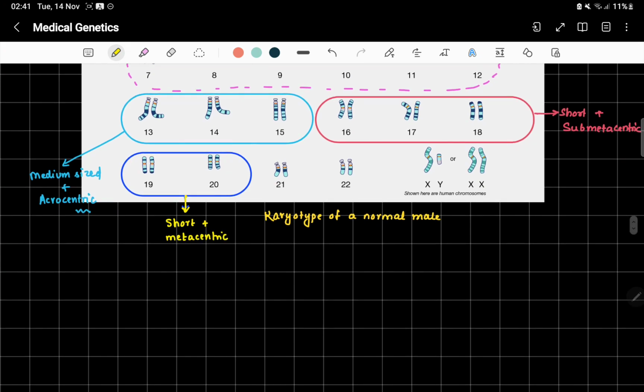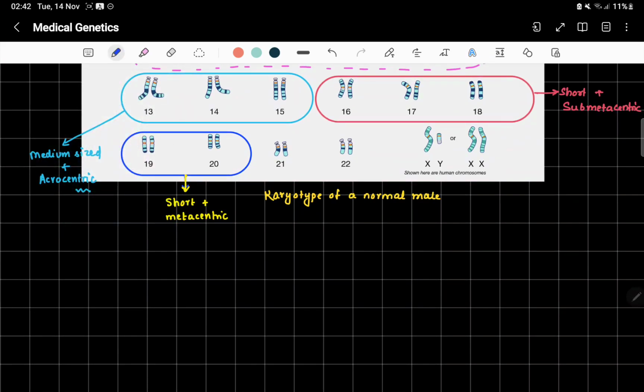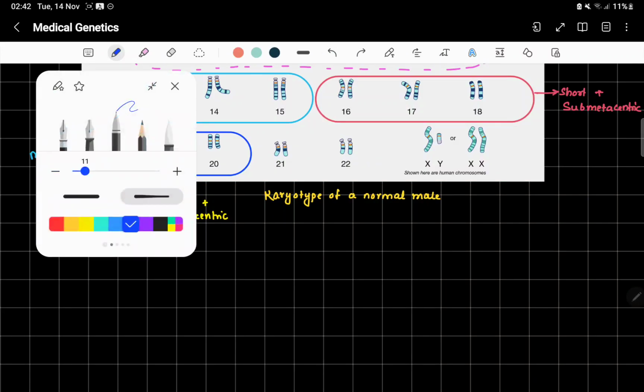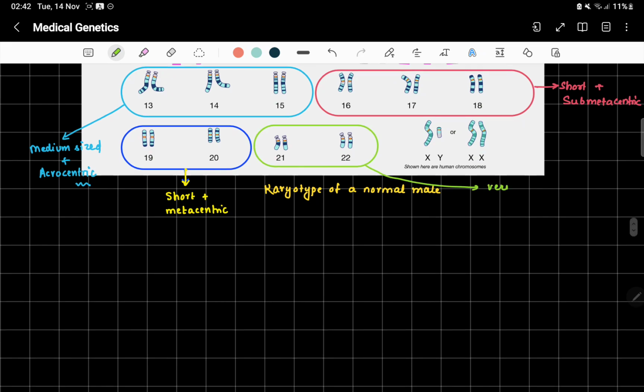Okay, and 21 and 22 are very short with acrocentric. These both are very short and acrocentric.